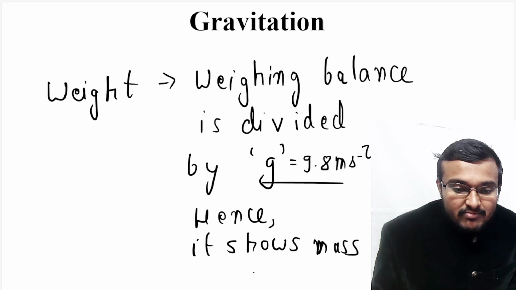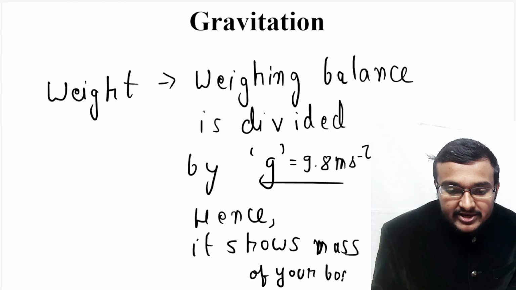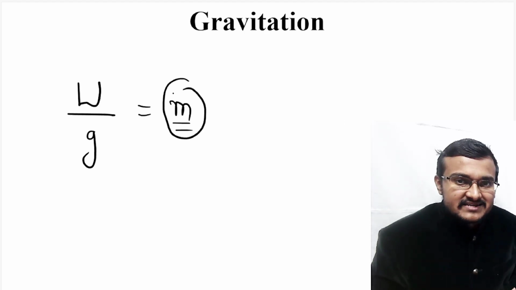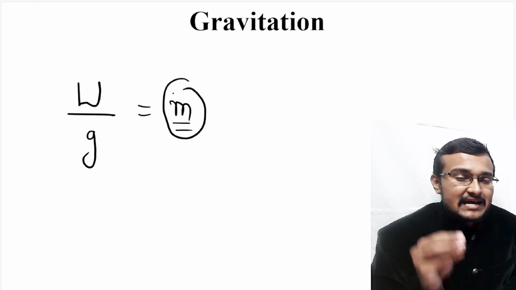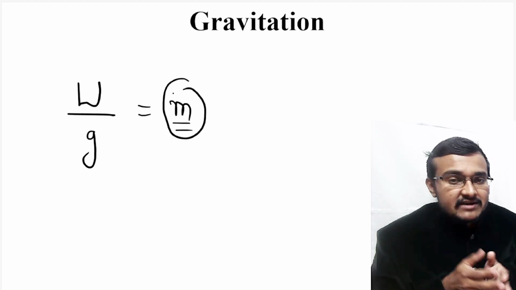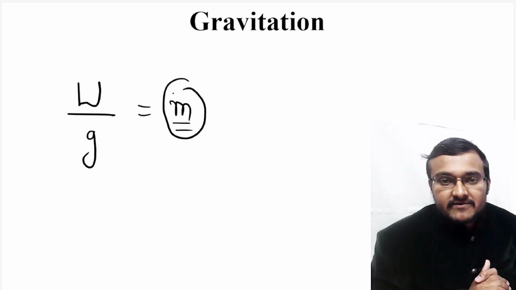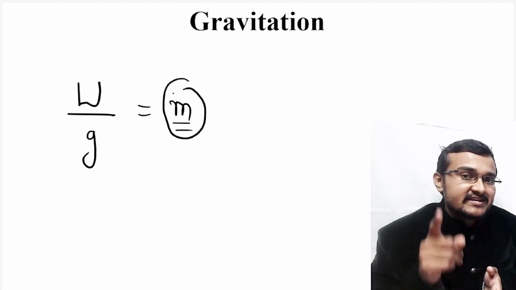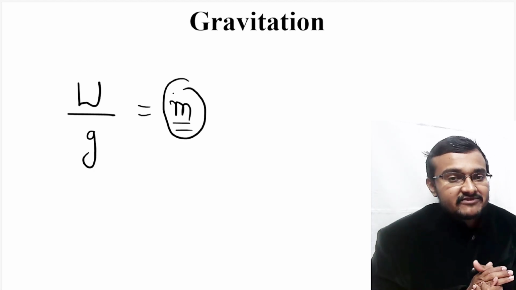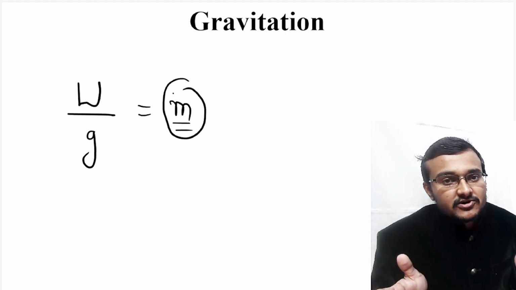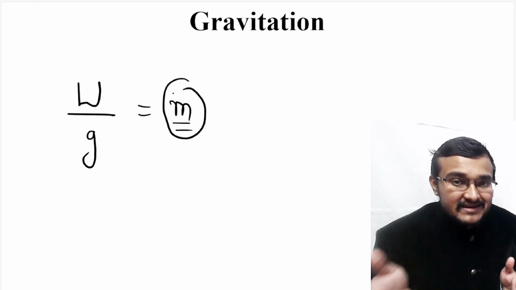Please read this again and again. I have explained this to give an insight about mass and weight. Whenever you stand on your weighing balance, it basically measures your weight, but that weight is divided by acceleration due to gravity, and whatever value is displayed will be the mass of your body, which is displayed in kg.